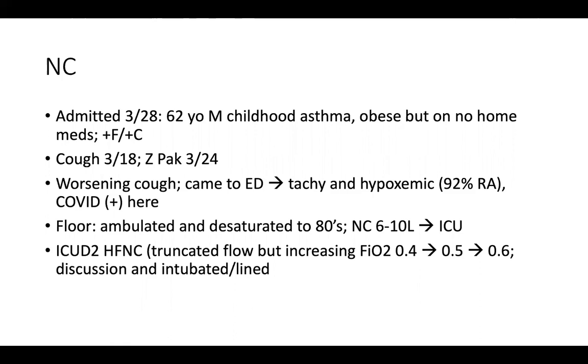Despite high flow nasal cannula, which we were truncating the flows back several weeks ago, and we probably could have gone up on the flow rate and maybe avoided intubation. So I really do encourage going up to 40, 60 liters of flow before deciding on intubation. But he got intubated in line.